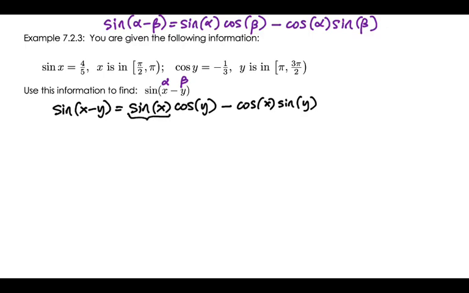Sine of x as a whole is equal to 4/5. And they also gave me cosine y. Cosine y is negative 1/3. And I'm multiplying those. It almost looks like subtraction. I'm going to put these in parentheses so it looks like multiplication. Then they asked me to find cosine x and sine y, which they did not give me.